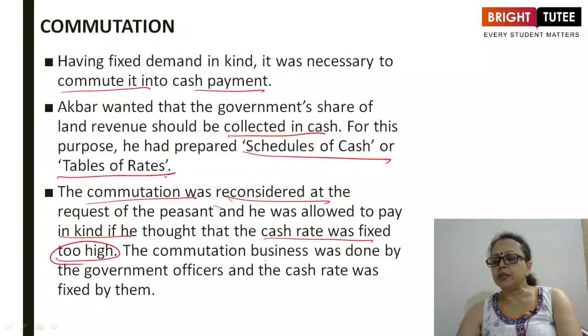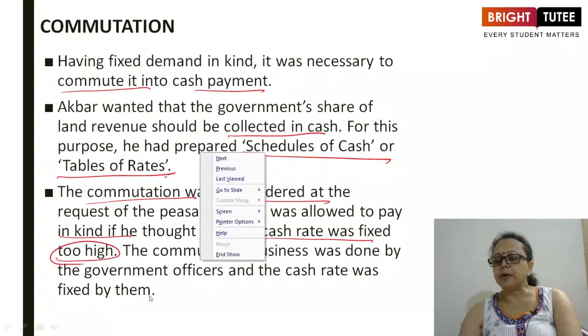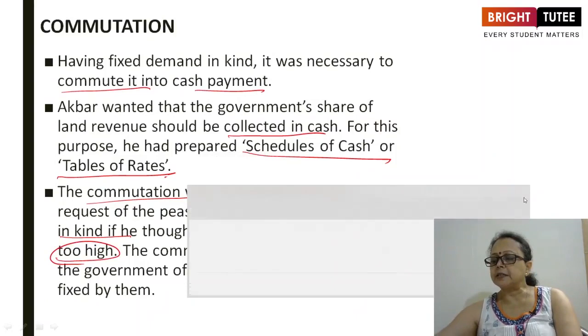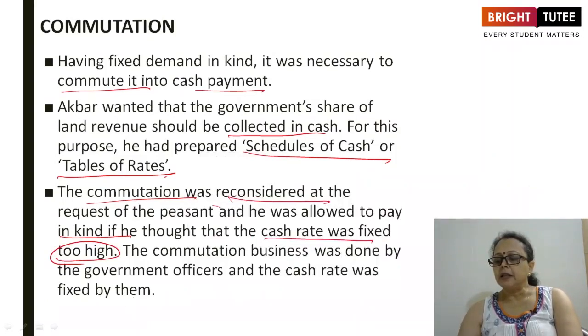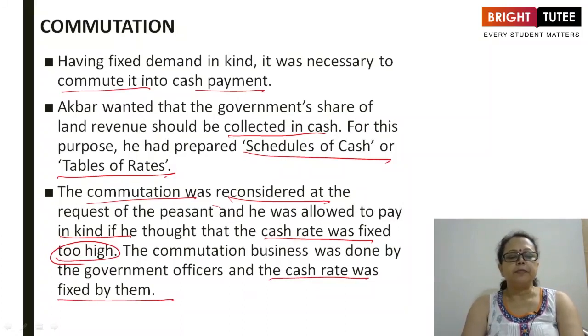The commutation was done by government officers and the cash rate was fixed by them. So this way also, the reconsideration process was there for the commutation.